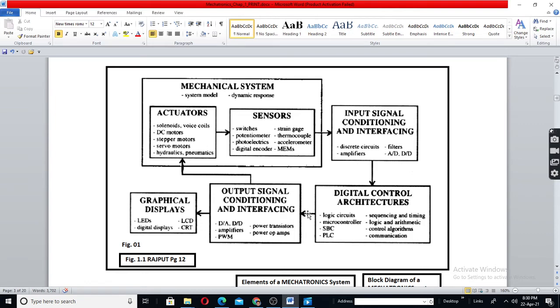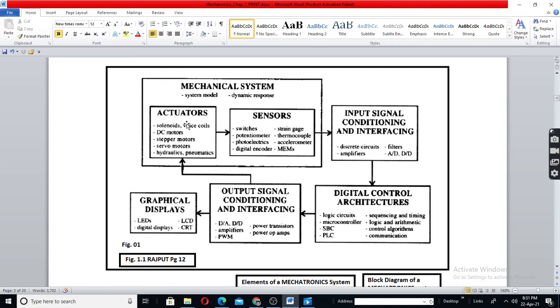It can be a simple control technique like sequence and timers are used, or a sophisticated one, say some microcontroller is used, or even higher is artificial intelligence technique, which is not given here. So any type of control technique is done here, and it gives the necessary output signal which has to be given to the actuator.